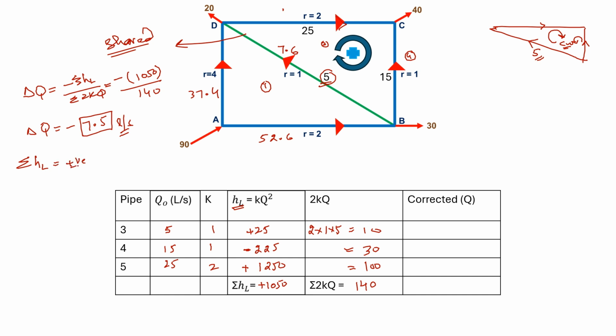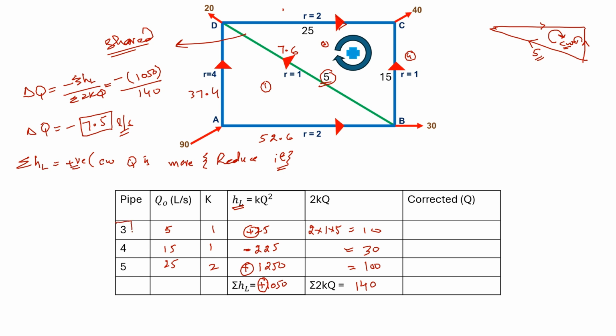As the sign of summation HL is positive, it means that clockwise Q is more. So what to do? Reduce the clockwise discharges. We have two clockwise values, this one and this one. This plus shows the clockwise value. We will adjust these values.